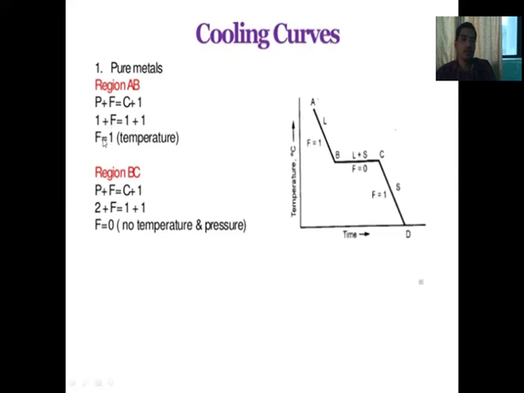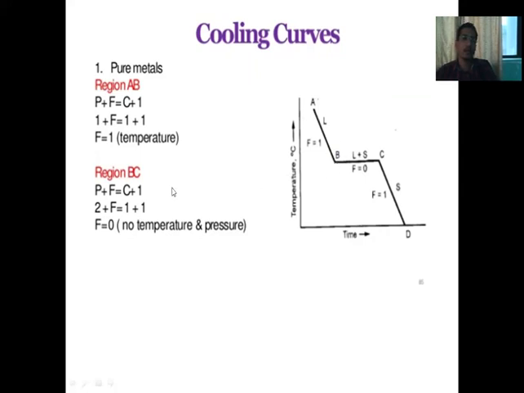After solving this, you get the degree of freedom F is equal to 1. In region AB there is no variation in the concentration, but there is a variation in the temperature. The temperature decreases, but the phase change does not occur; it remains in the liquid state. So between A and B, we learn that only temperature is going to change.